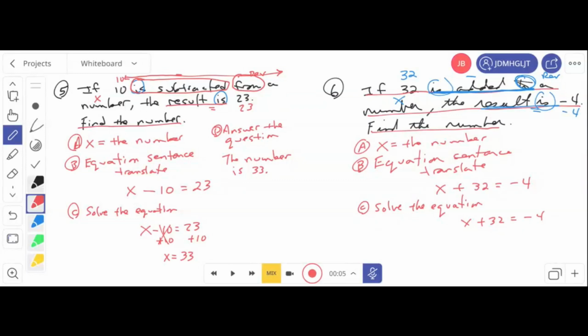Step 4, make sure there's only one variable term, we have it. Now we can move to step 5, undo addition or subtraction. So we're going to subtract 32, subtract 32, the 32's add out, we're left with x. -4 minus 32 is -36.